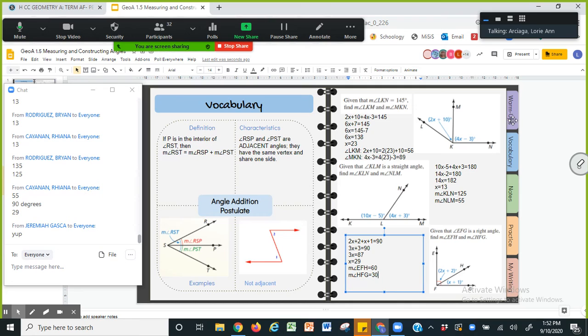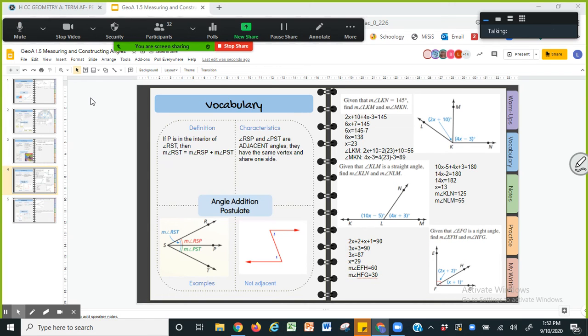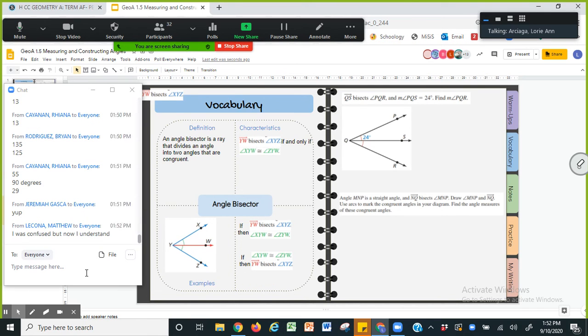Yup, Jeremiah. Okay, so how are we in this slide? I know there's a lot of computations today. Okay, questions? Now, once you know how to set up an equation, then you will find the last one very easy. I was confused, but now I understand. Thank you. I'm happy to hear that, honey.